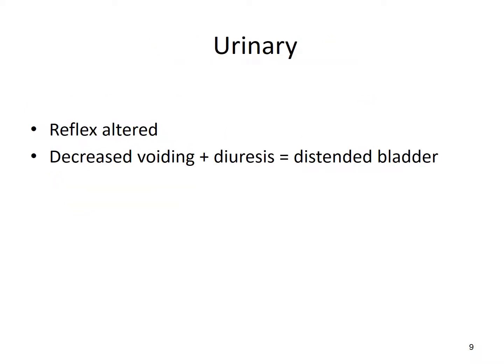Let's look at the patient's urinary changes. The postpartum woman's urinary system can also experience some significant changes. The nurse should assess the quantity and frequency of voiding. It is quite common to find the perineum swollen after birth, causing edema that can occlude the urethra.